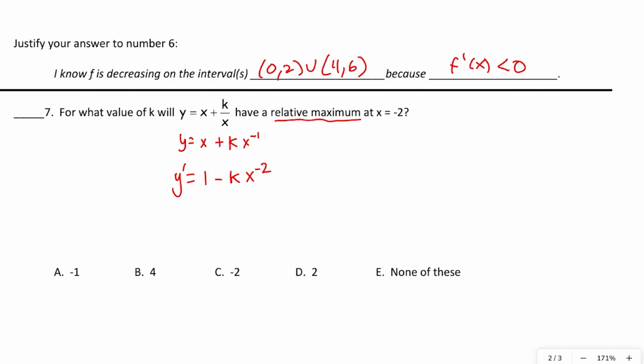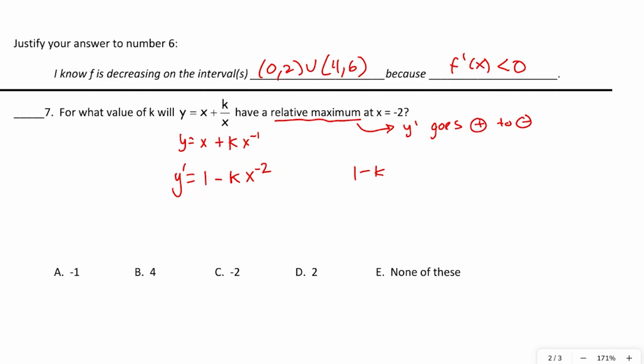So relative maximum means y prime goes from being positive to negative. Okay, so let's set this equal to 0 and see what's going on here.